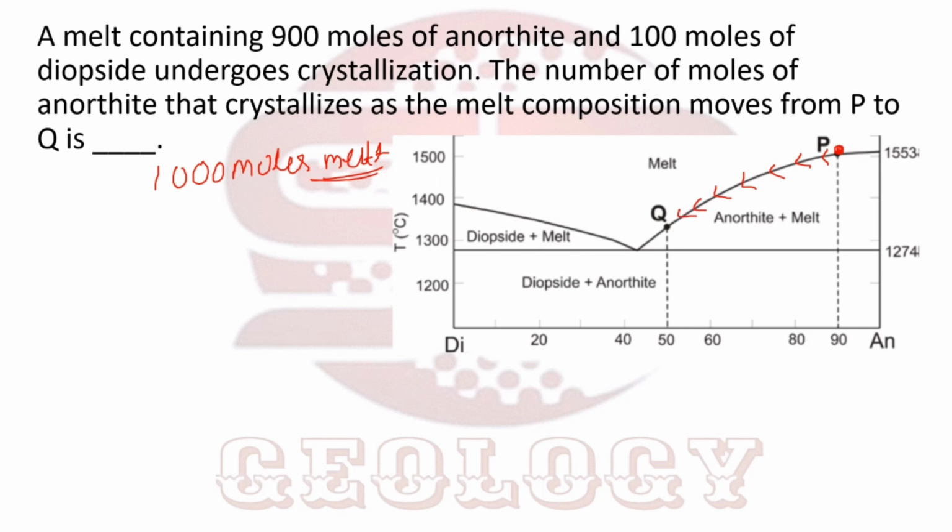We have to calculate the number of moles of anorthite that crystallize as the melt composition moves from P to Q, because at point Q we only have anorthite.